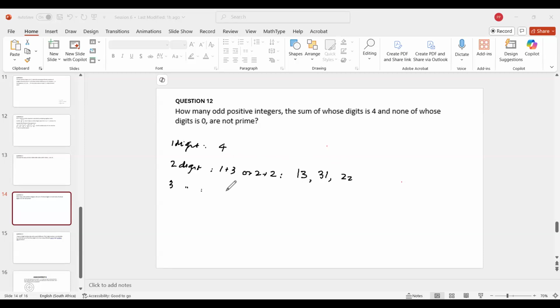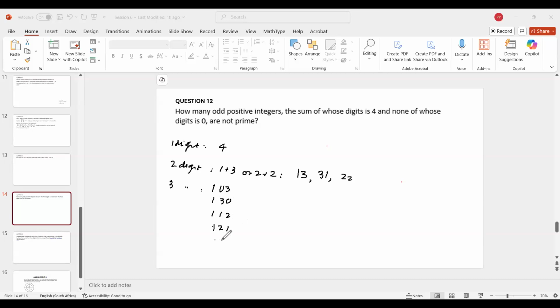What about the 3-digit numbers? The 3-digit numbers which sum to 4: you could have 1 in the front, and the other two add up to 3. So you could have 103, or you can have 130. Instead of 0 plus 3, you could have had 1 plus 2, or you could add 1 and 1, and that's 4 as well.